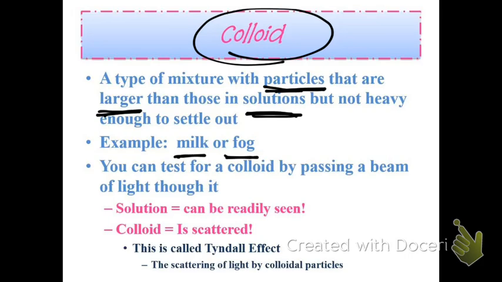Skim milk wouldn't be a good example, but think about your heavier milks, like your vitamin D, your 2%, maybe even your buttermilk, your thicker milks. Or fog is a great example where you can see how it's thick and you can kind of see those particles.